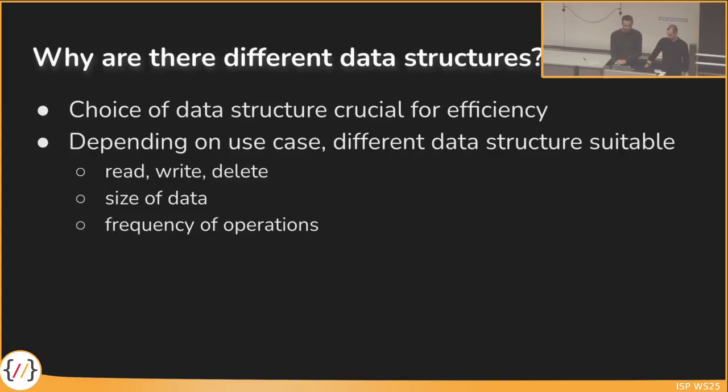Those would be different use cases, and could lead to different choices for the data structure. Also the size of the data plays a role in the choice of the data structure, as well as how often we access the data and where we access it.